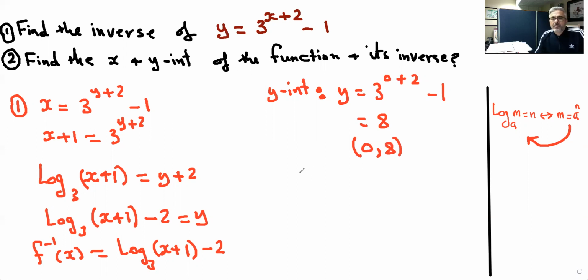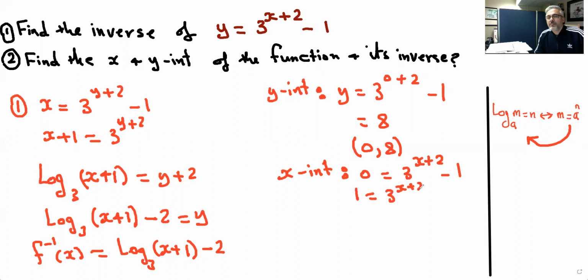Now, the x-intercept, you make the y 0, and you solve for x. So now what I'm going to do, I'm going to move the -1 to the other side. So I have 1 equals 3 to the x plus 2.